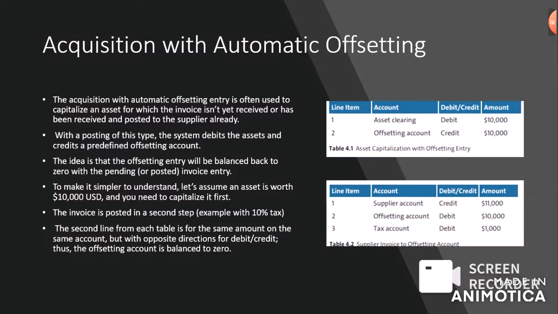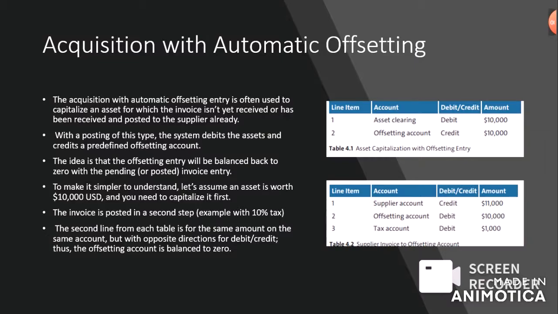So first let us see the entry. So if we see here, we are debiting the asset clearing account and crediting the offsetting account, asset capitalization with offsetting entry. In the next, so when it is done is, till we haven't received the invoice, but we need to have this entry in the system.